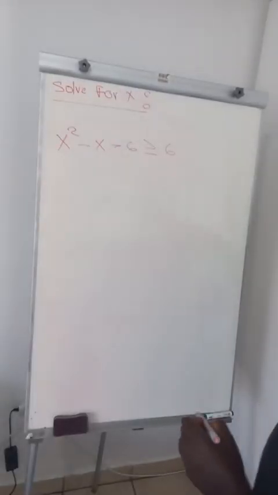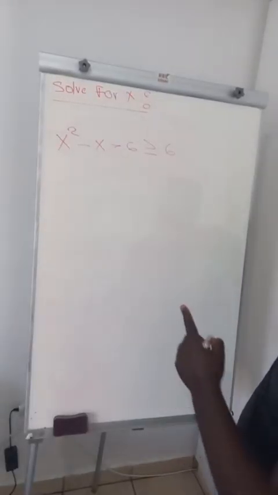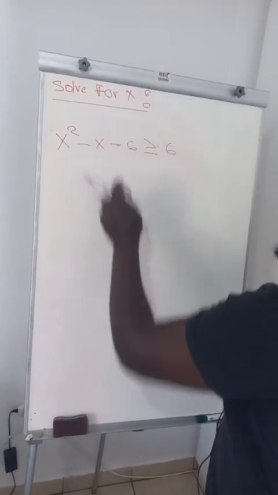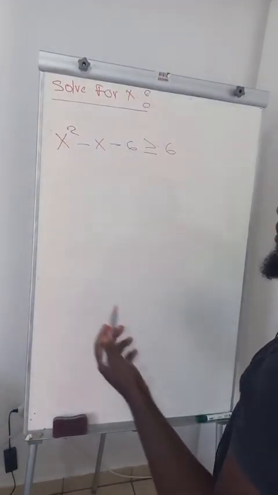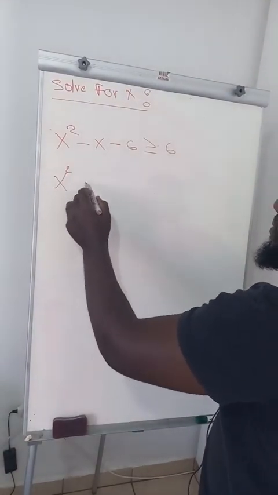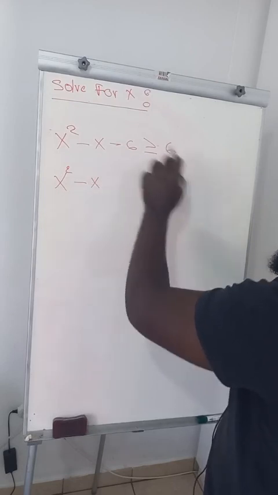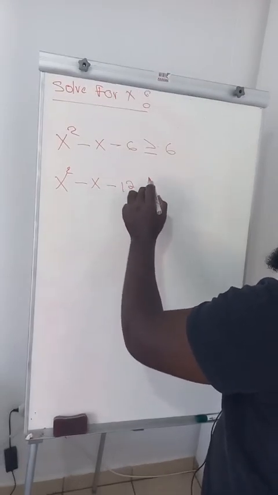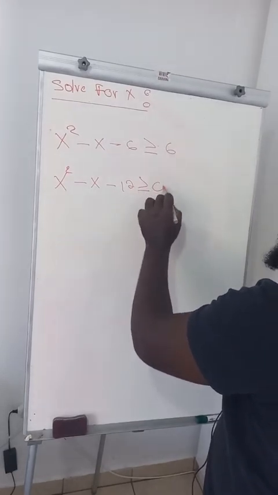So once you get something like this, what you need to do here is rewrite this thing to be in standard form. So rewriting in standard form just means you'll have x squared minus x. Bring the 6 this side, you'll have minus 12. And then you'll have something like this now.